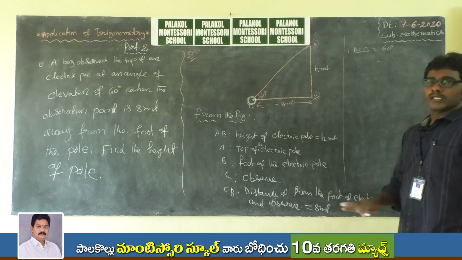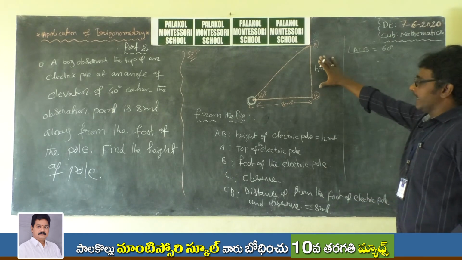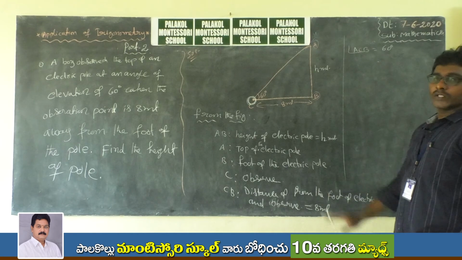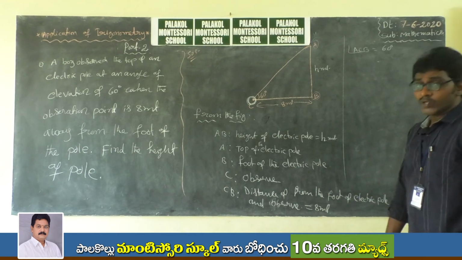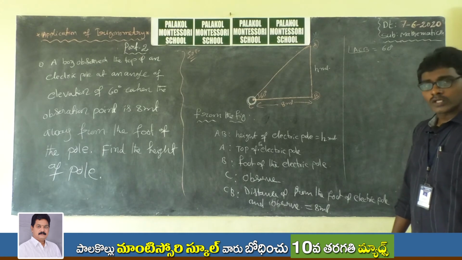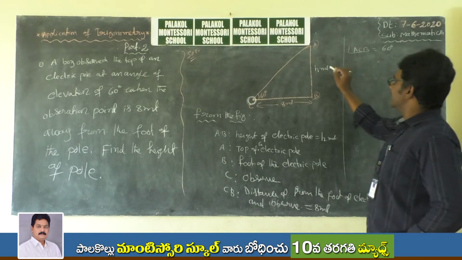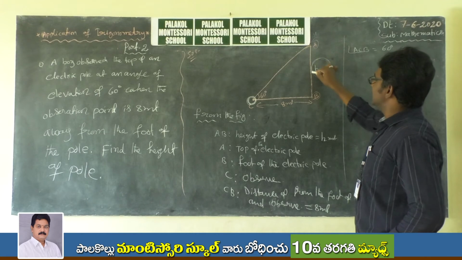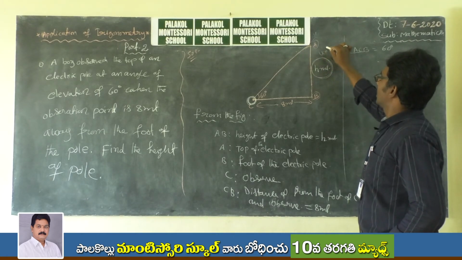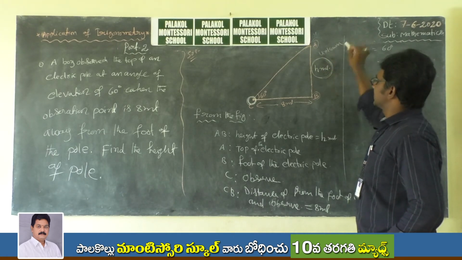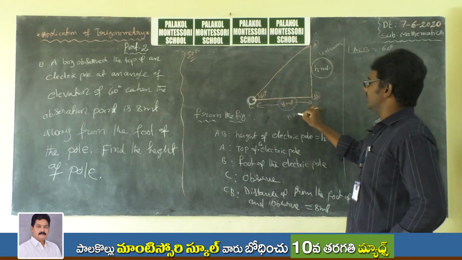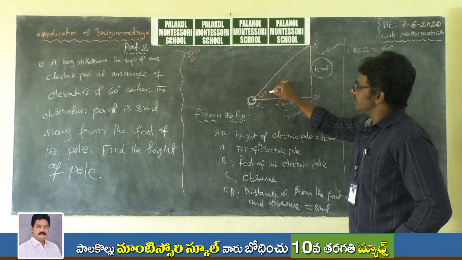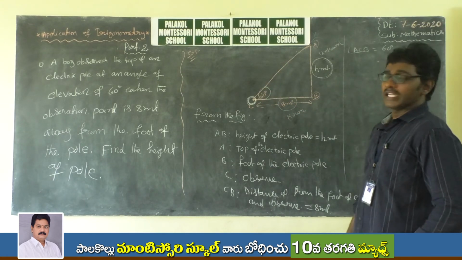Okay, so the diagram is important, this writing is also important. Next, to find out the unknown value. Here is an unknown, this side is an unknown value. Here also an unknown value.